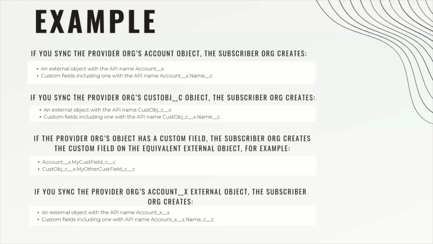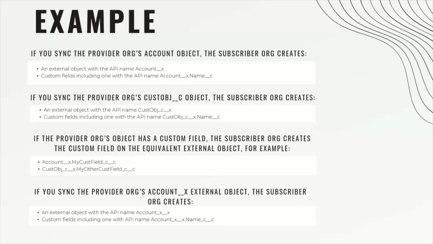If you sync the provider org's custom object, the subscriber org creates an external object with the API name CustomObject__c__x. Custom fields include one with the API name CustomObject__c__x.Name__c.